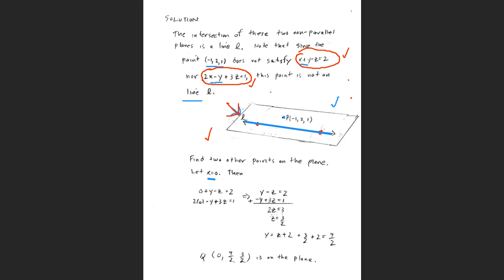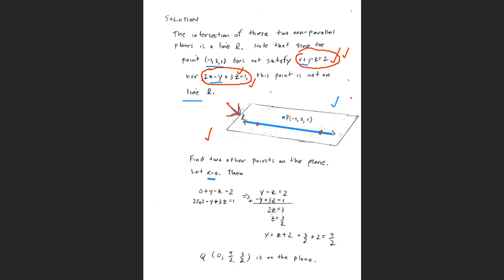So what we could do is substitute in x equals 0 in both of these two equations and then solve for y and z.